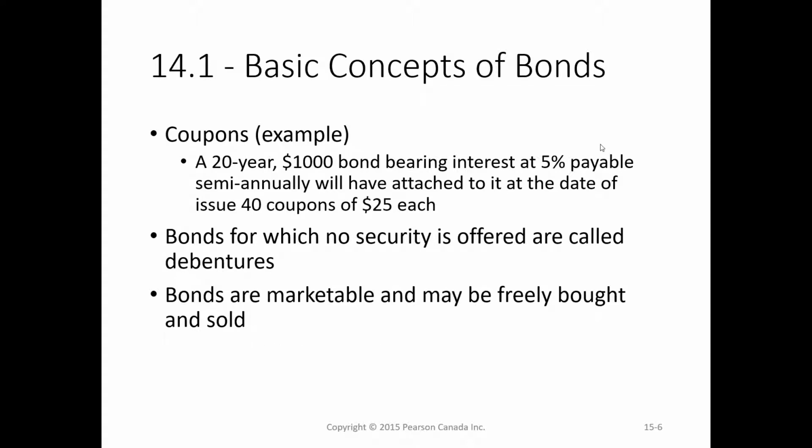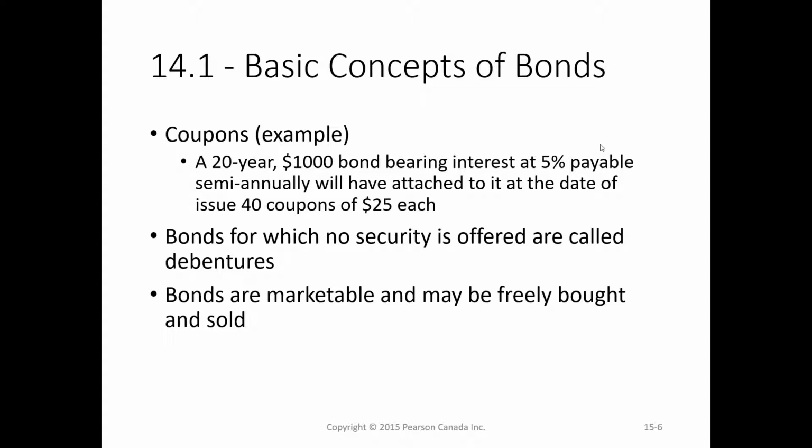So coupons. Coupons is what gets paid, and that's kind of like the amount of interest. So for instance, the example I have here on the slides is we got a 20-year $1,000 bond. Okay, so that 1,000 just means the face value. You could buy several of these to accumulate into large sums, and that's typically the case. A 20-year $1,000 bond bearing interest at 5% payable semi-annually.